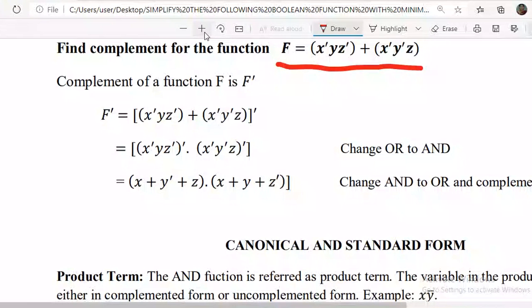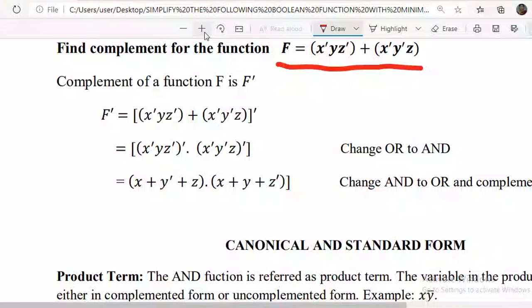Now next, we are going to break this whole bar. We take the first product term and use a dash on it, so the next step becomes x dash y is a dash, the whole dash. Then the second product term, we take and put a dash on it. So x dash y dash, the whole dash. So we have broken this whole dash now. This is your first step.